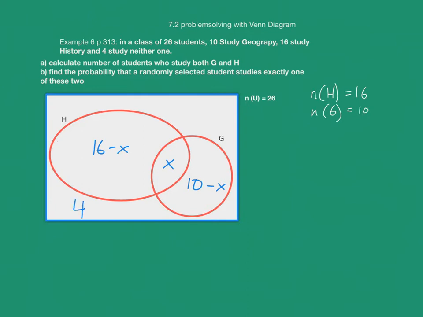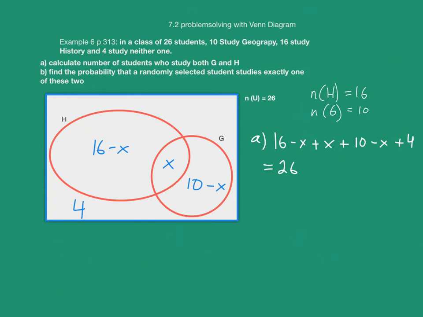Okay? So our job now is to find the x value. And we know that, okay, well, if we add everything together here, if we take 16 minus x plus 10 minus x plus 4, we must have the same amount as we have in the entire universal set, so 26.